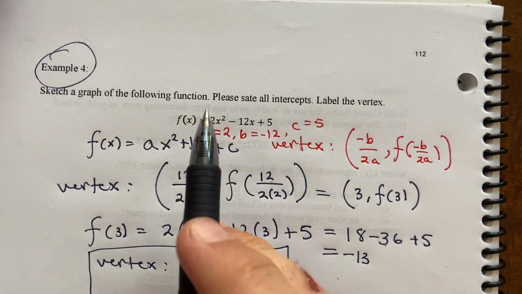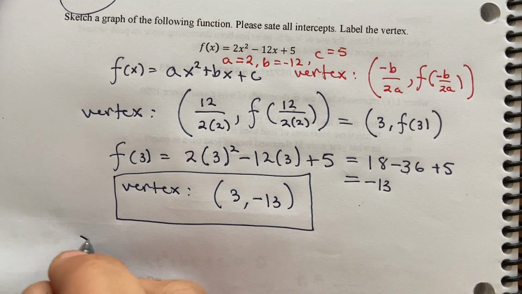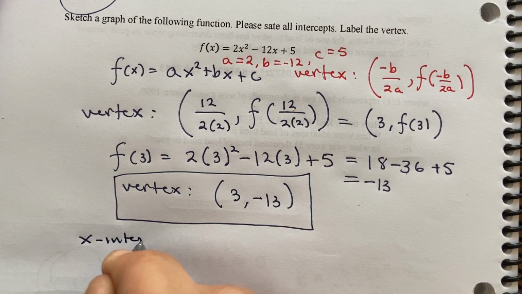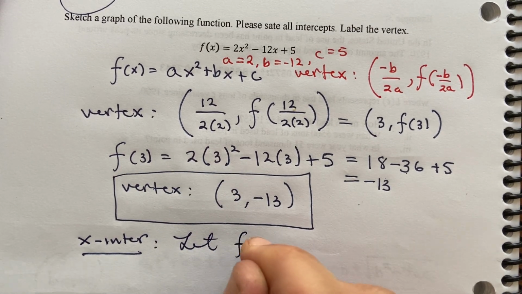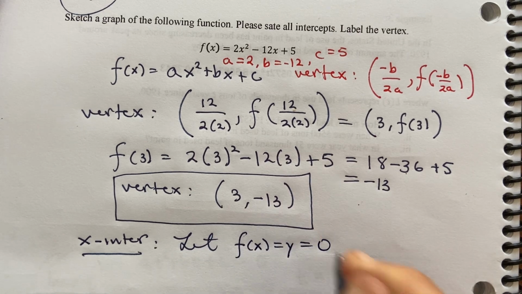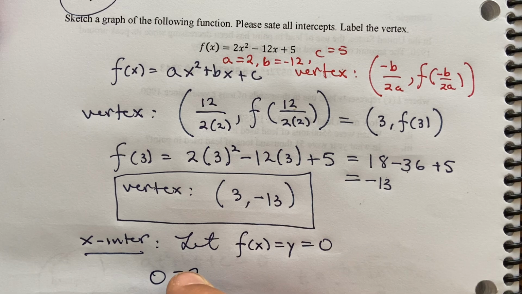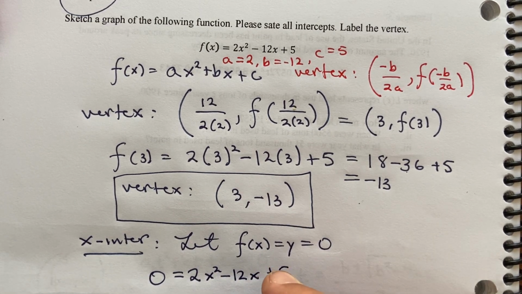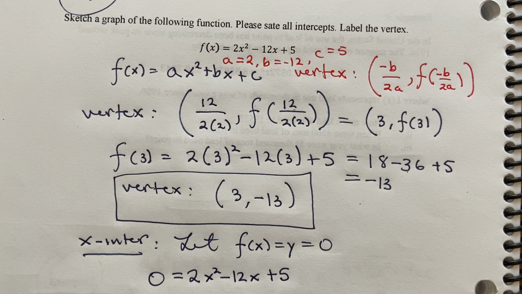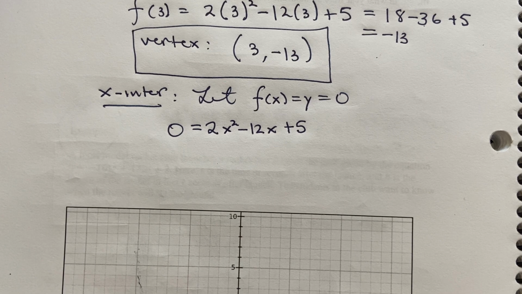We also wanted the intercepts, right? So for x-intercepts, you let f of x, which equals y, equals 0. So I'll have 0 equals 2x squared minus 12x plus 5. So one way to solve that is with the quadratic formula that we've just recently learned.